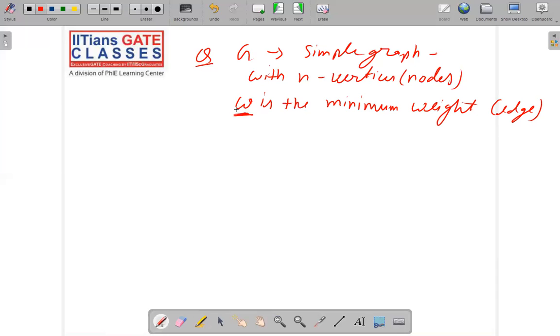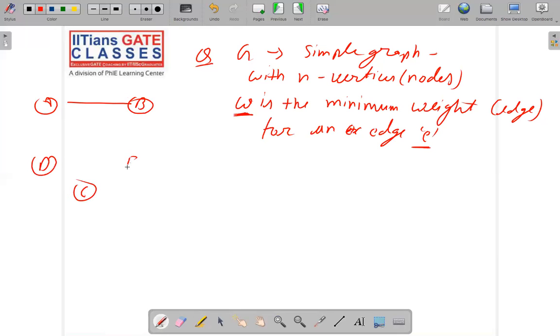w is the minimum edge weight for an edge E. So for example, if we have a very complicated graph, I'm just writing some graph.